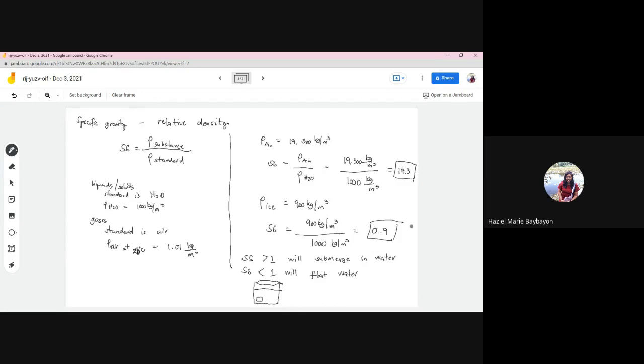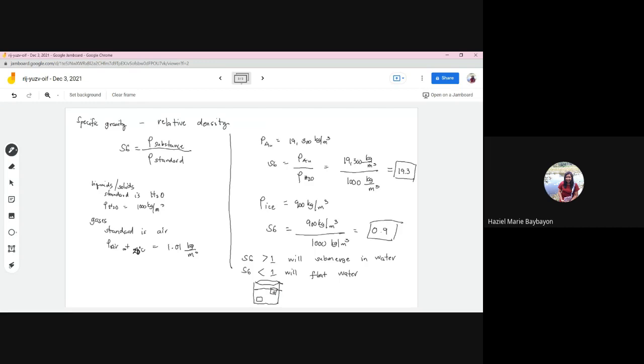Now as to the ice, if you can see this in your actual glass of water with ice, you can actually see that the ice has a portion that is floating and a portion that is submerged in the water.